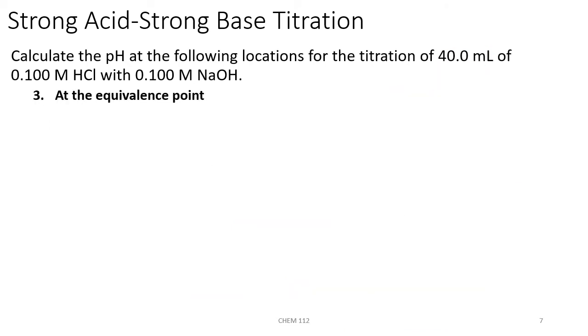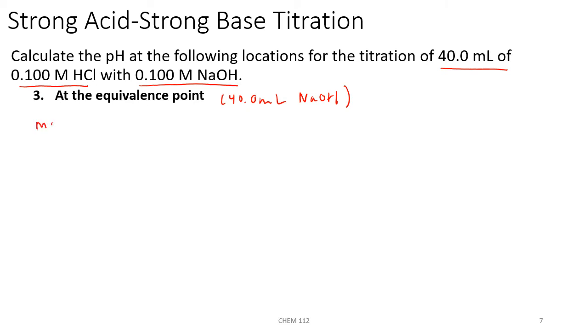Next, we're going to calculate the pH at the equivalence point for a strong acid, strong base titration. Since our acid is 0.1 molar and our base is 0.1 molar, it would take us 40 milliliters of the sodium hydroxide to reach the equivalence point because we had 40 milliliters of our acid in our Erlenmeyer flask initially. That is only because both of them have the same concentration.